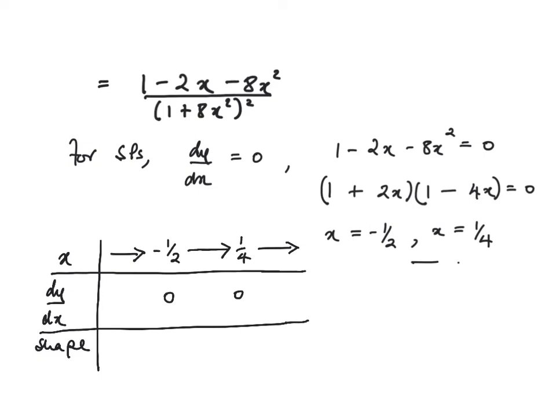So what we could do is take the value 0 lying between minus 1/2 and 1/4, the value 1 and the value minus 1 to represent each of those three regions.